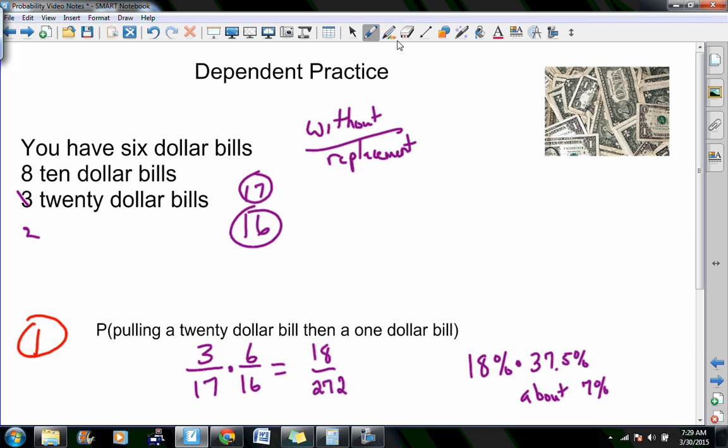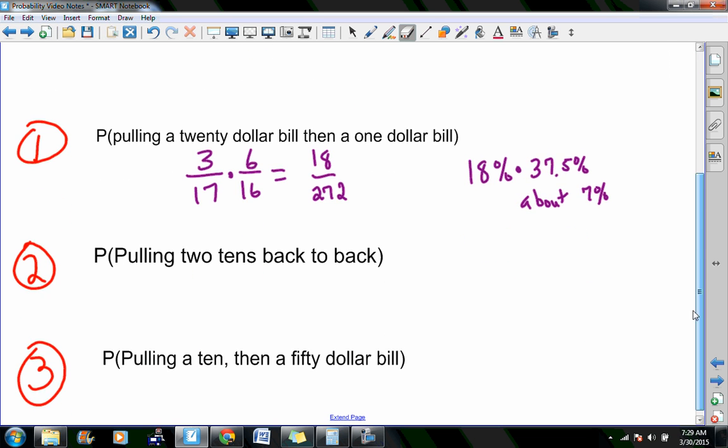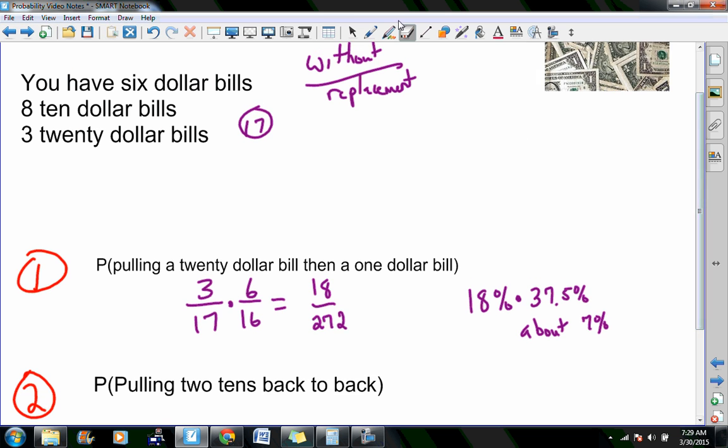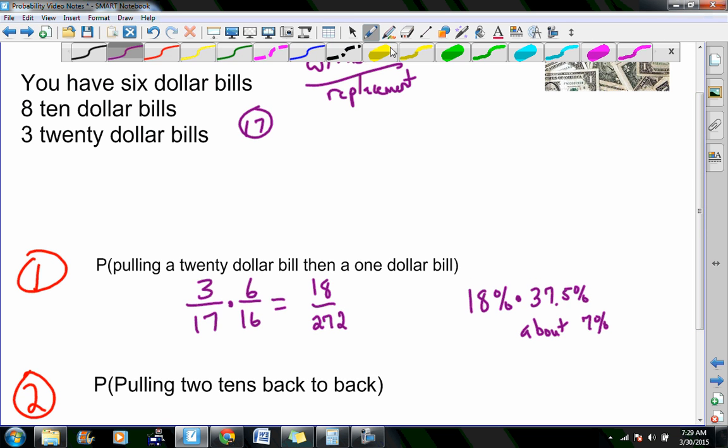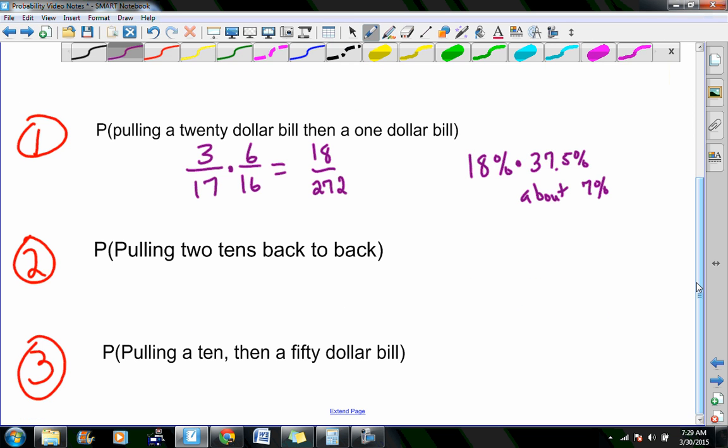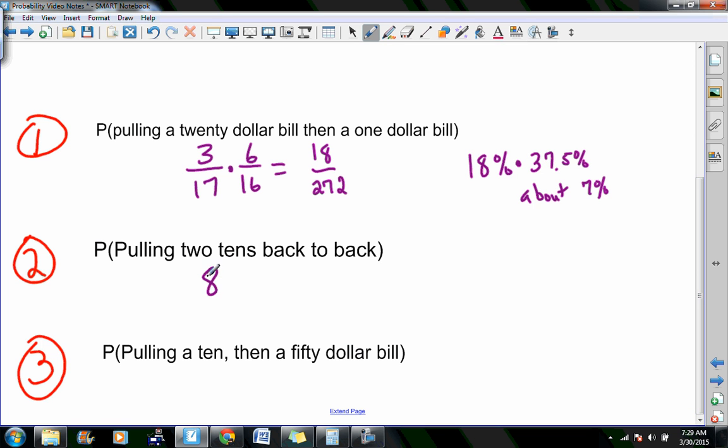Okay? Now, we start over here, and we try the next one. Pulling 2 10s back to back. Well, we have 17 items, and 8 of them are $10 bills. So we have 8 out of 17. But after we pull, we leave that 10 out that we pulled the first time.